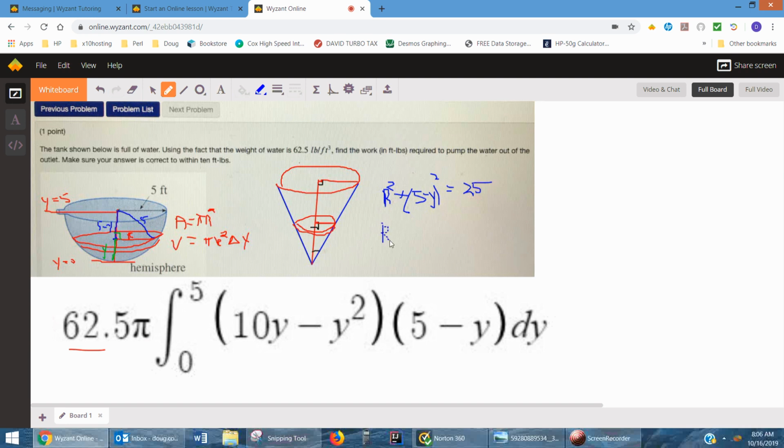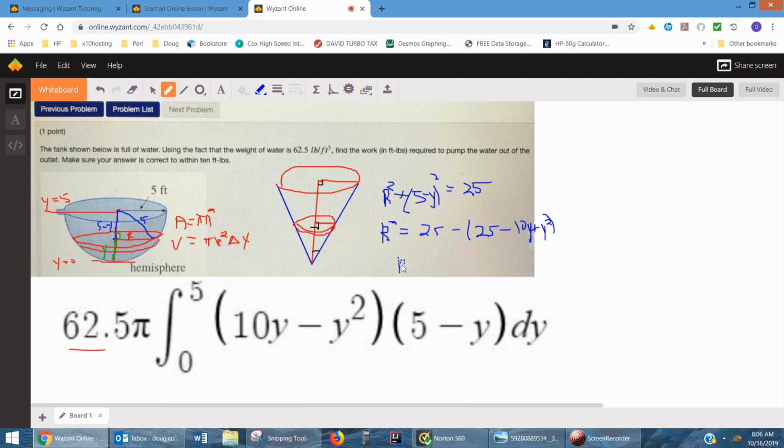And so r squared equals 25 minus this term, and while I'm at it, I'm going to expand that trinomial to 25 minus 10y plus y squared.